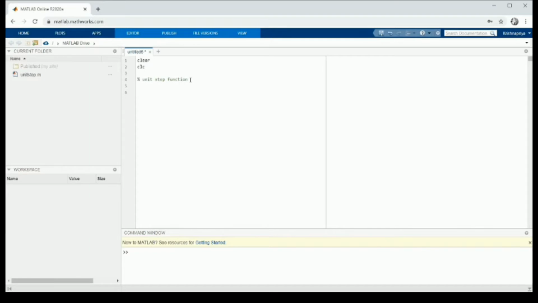Here I used a percentage symbol to make it a comment line so that it will not be executed. Here we can consider two cases of the unit step signal, that is the discrete time case and the continuous time case. First, I am going for the discrete time signal.